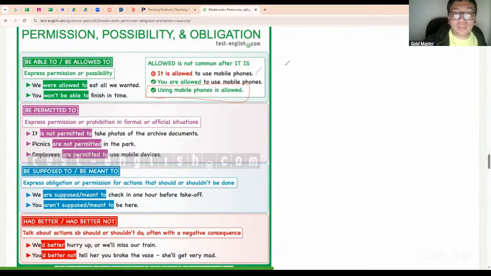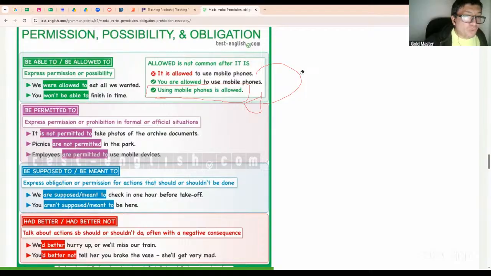You could say this instead of this, and nothing should change in here. The meaning is exactly the same, but you are structurally better in grammar. Using mobile phones is allowed. It is allowed to use mobile phones. It's good, don't worry, it is good, but it's not so common.